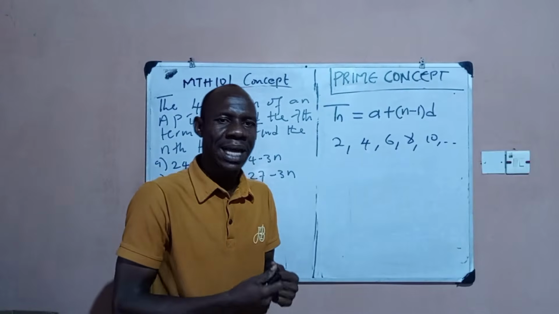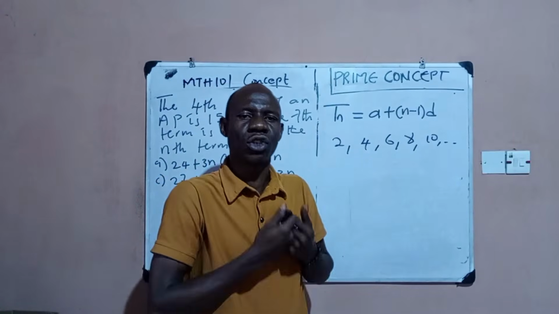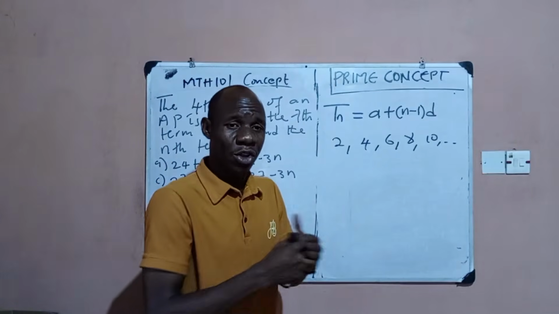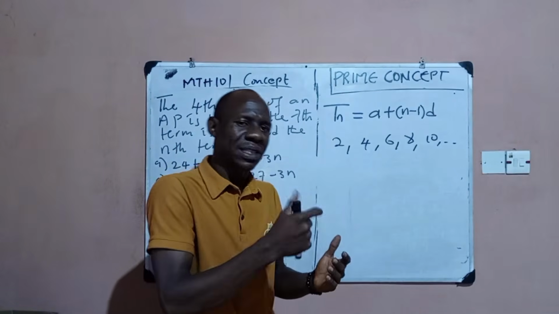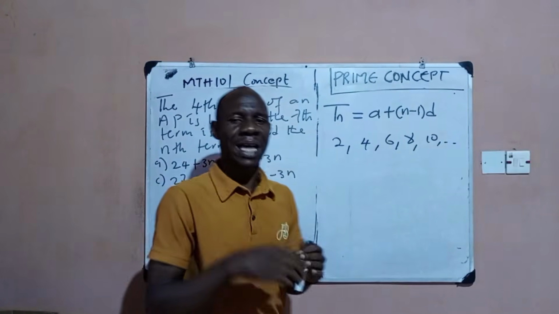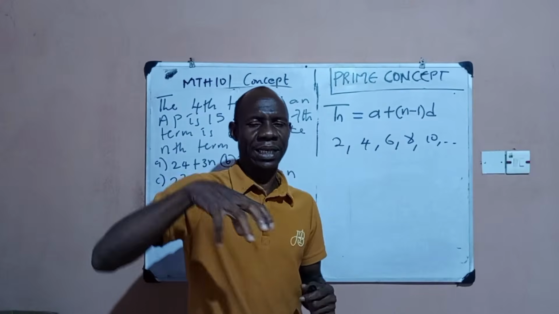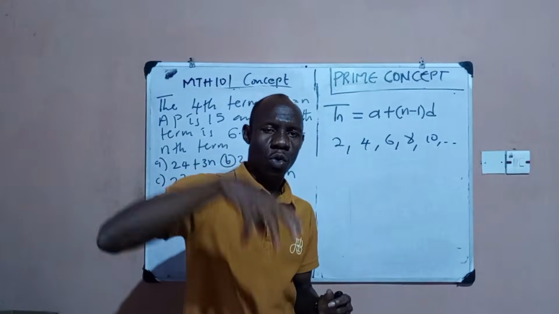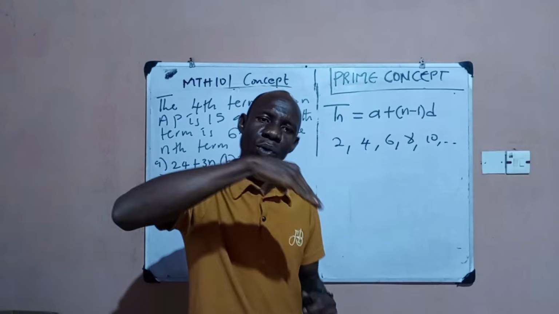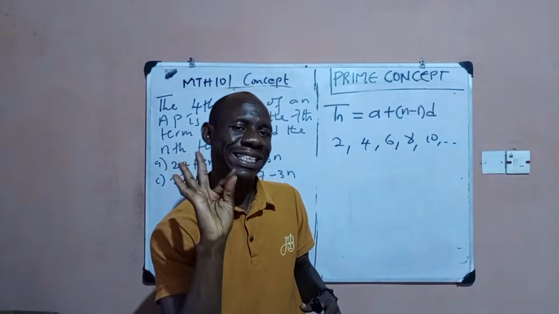The second term is the term occupying position number 2, which is 4. What is the third term? The third term is the term occupying position number 3, which is 6. So position 3, position 2, position 1, position 10, those positions are what you call nth term.